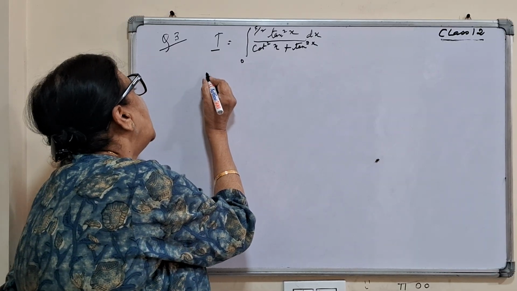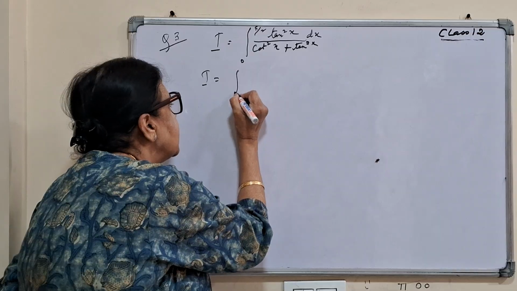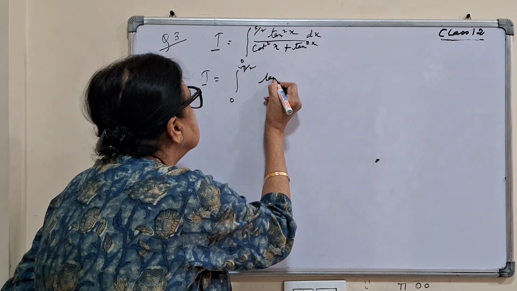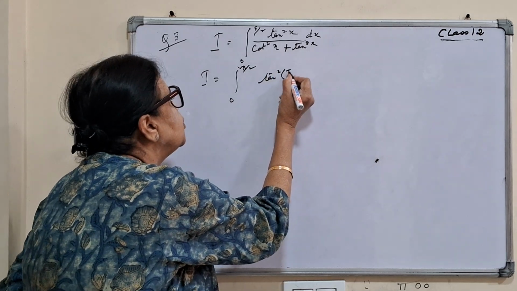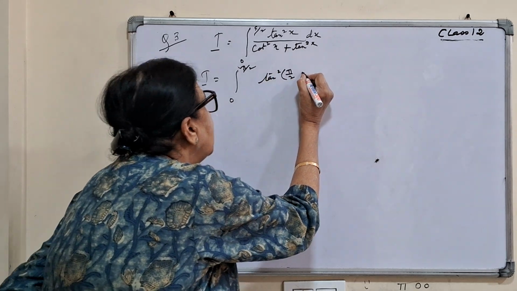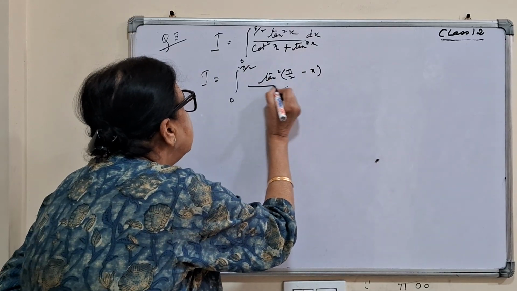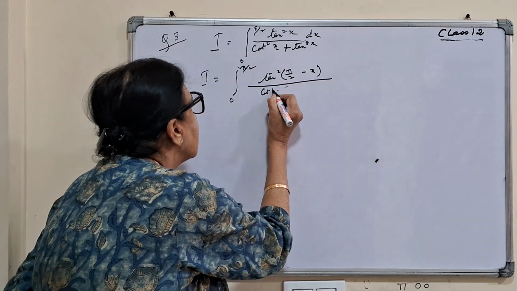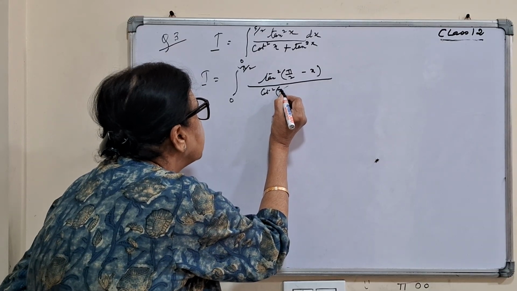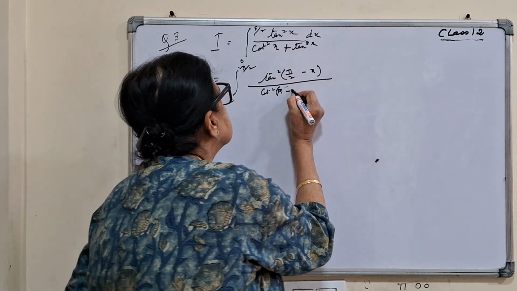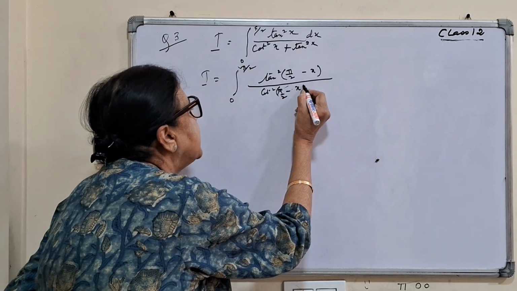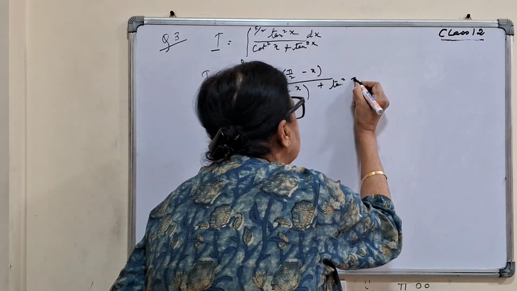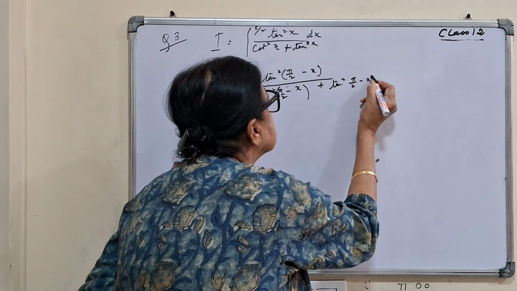I is equal to the integral from 0 to pi by 2 of tan square (pi by 2 minus x) over (cot square (pi by 2 minus x) plus tan square (pi by 2 minus x)).